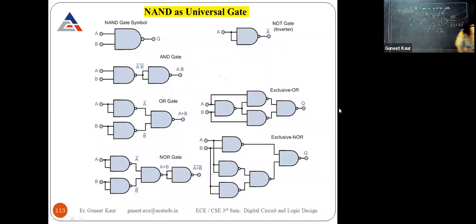In the last, we multiply these two, so A dot AB bar whole bar dot with B dot AB bar whole bar, and then the overall bar. Now we have to prove that this expression is equal to your A bar B plus AB bar.